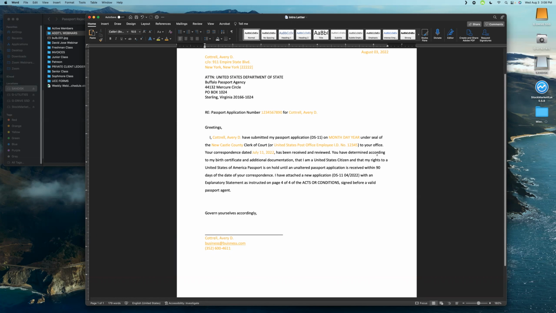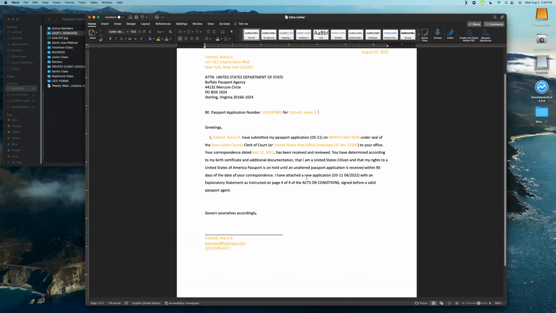You have determined, according to my birth certificate and additional documentation, that I am a U.S. citizen and that my rights to a United States of America passport is on hold until an unaltered passport application is received within 90 days of the date of your correspondence.